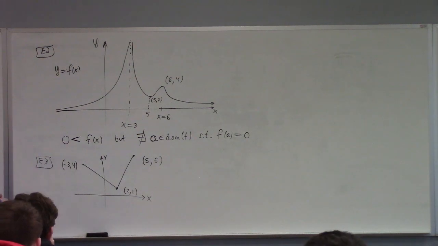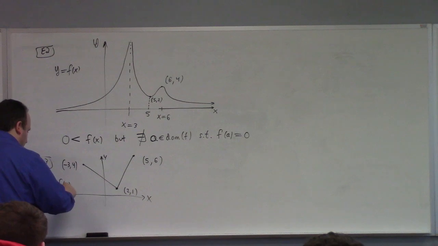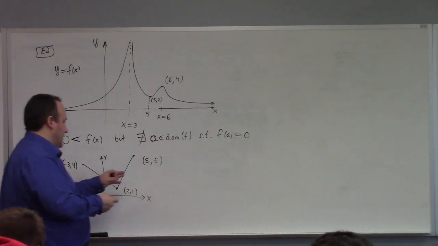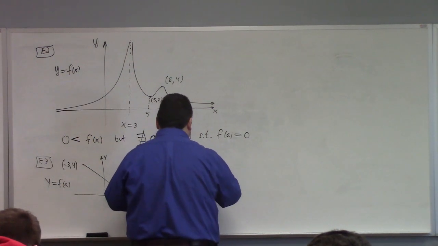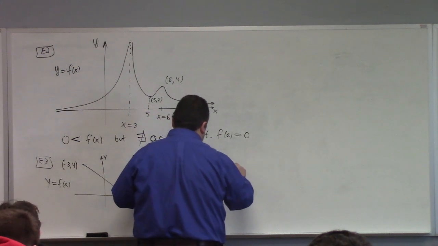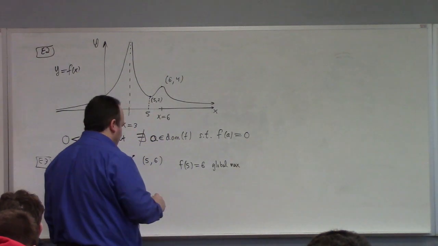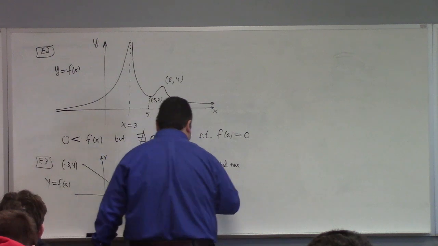So if that's the graph of the function y equals f of x, we can see that the value of the global maximum is 6. It's attained where? At 5, right? So f of 5 is equal to 6. That's the global max. Global min, f of 2 equals 1, right? This is the global minimum.